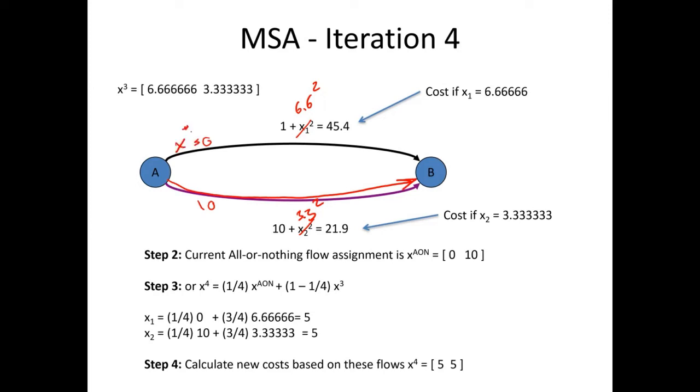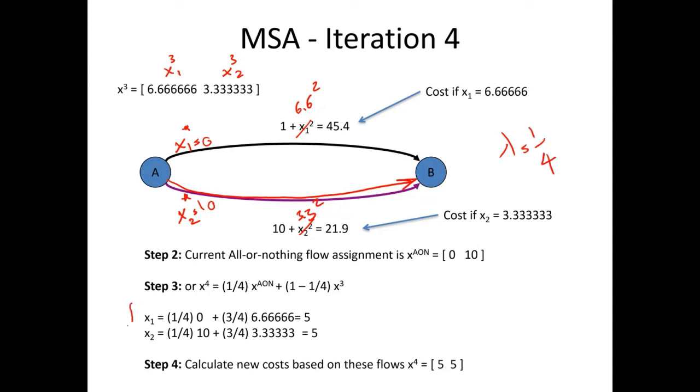So this is x star, and this was the x31 and x32, right? So x star 1 and x star 2. And now we are at iteration 4, so lambda would be 1 over 4.